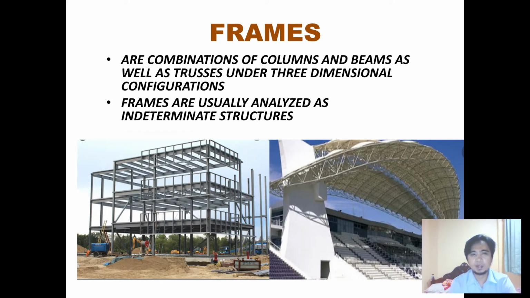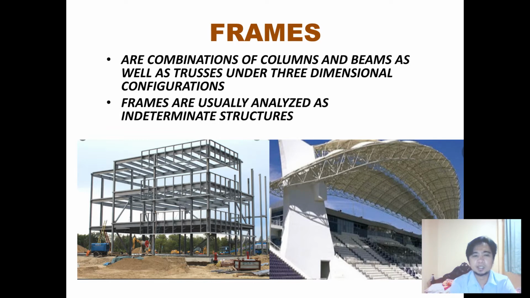Okay, so for the frame, these are actually just the combination of the trusses. And the combination of trusses will become a framing system. So framing systems are usually analyzed as indeterminate structures, because there are a lot of members, so eventually there will be a lot of unknowns also.